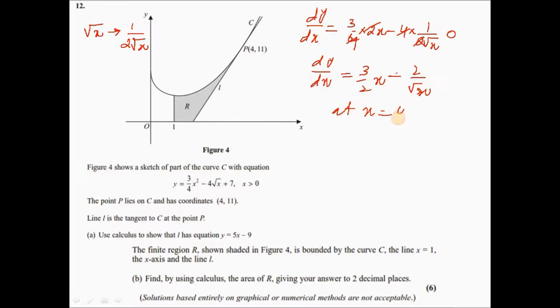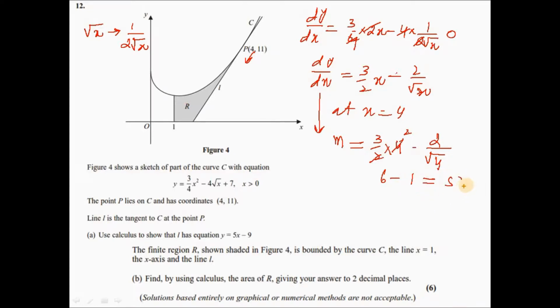At x equal to 4, you need to put x equal to 4 from the point to figure out the gradient of the line. So that means dy by dx, it will become m is equal to 3 by 2 into 4 minus 2 by root 4. So 2 times 3 is 6, minus root 4 is 2, 2 upon 2 is 1, so 6 minus 1 means 5.